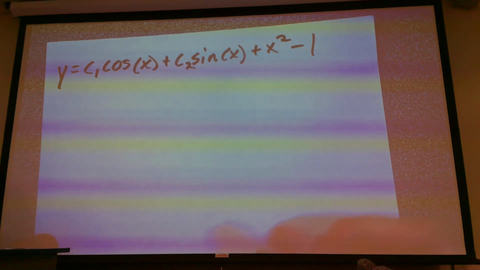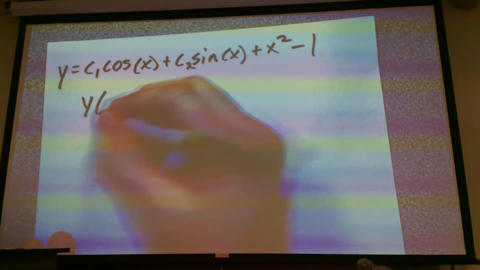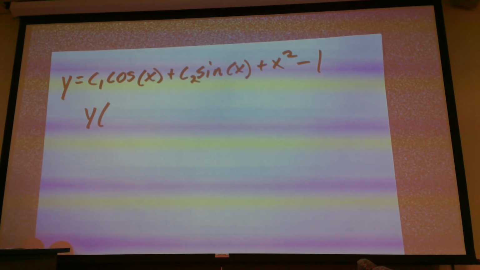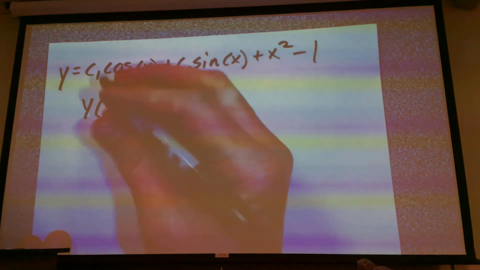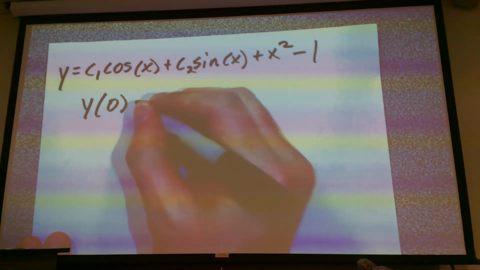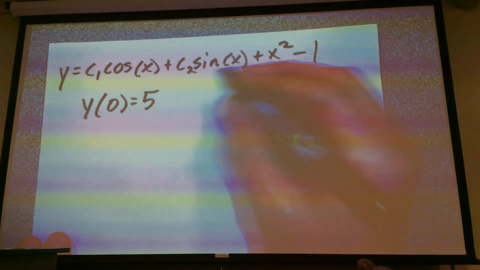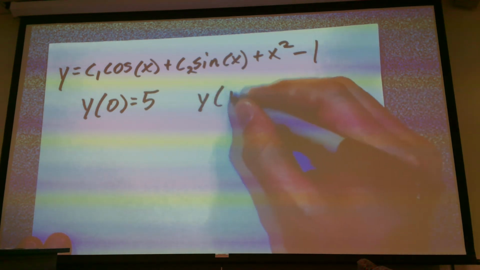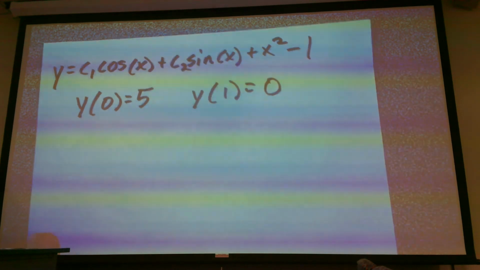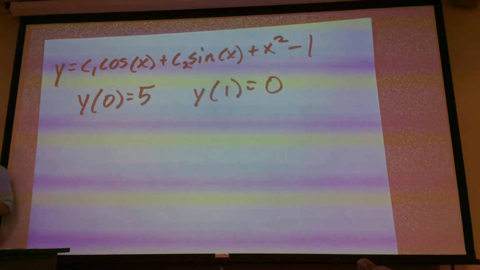So now we're going to use our initial conditions. Well, actually these are boundary conditions on this one because they're not both initial. The first one is an initial condition: y of 0 equals 5, and y of 1 equals 0. So guys, you can have conditions at other points besides just the initial conditions.